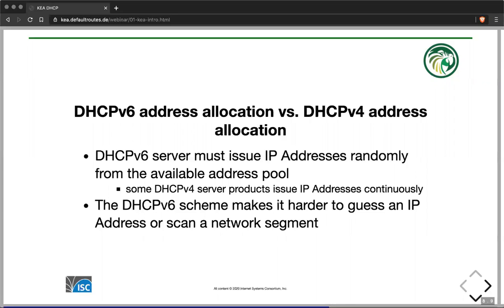And in IPv4, that's not a big deal. But for IPv6, because the pools are so large, it makes sense to give them out randomly, because that makes it much harder for intruders to guess a certain address or to do a network scan and catch all the IPv6 addresses given out by a DHCP server.